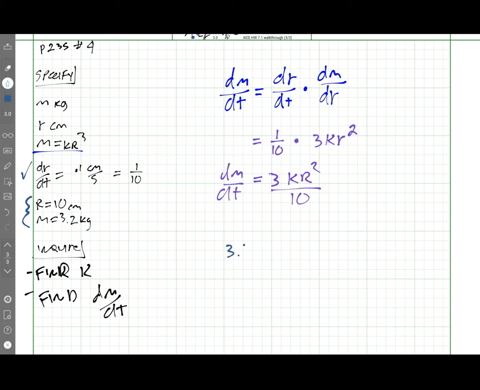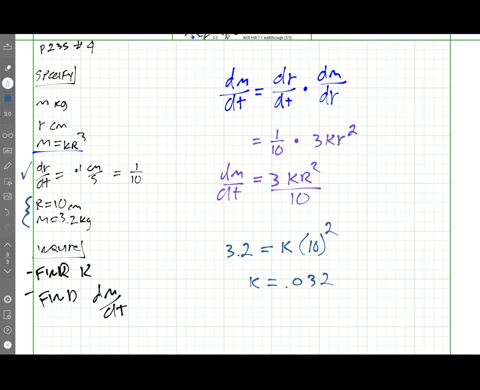So if we say 3.2 has to equal k times 10 squared, we can simply solve for k. 10 squared is 100, so it's two decimal places, 0.032.